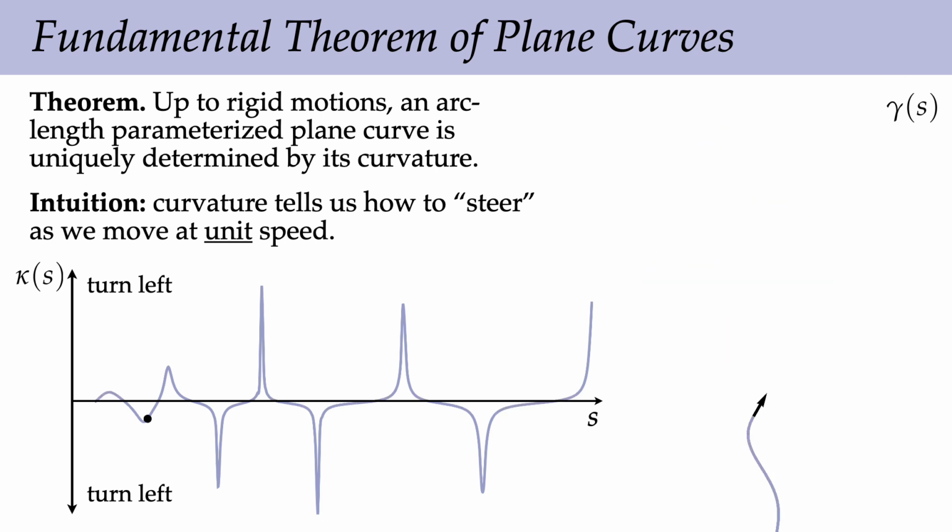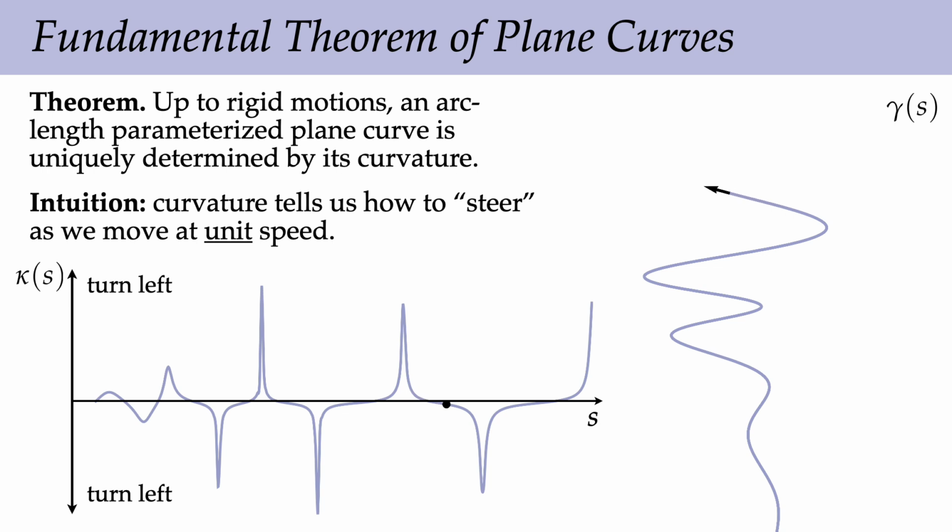So a more general version of this fundamental theorem might say that up to rigid motions, a plane curve is determined by its curvature and its parameterization. That's kind of what we've been getting at all along. Parameterized curves really encode both shape and speed.